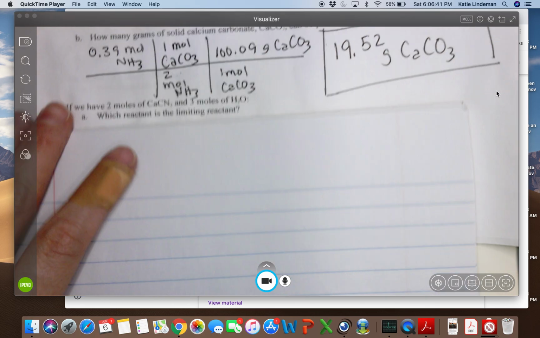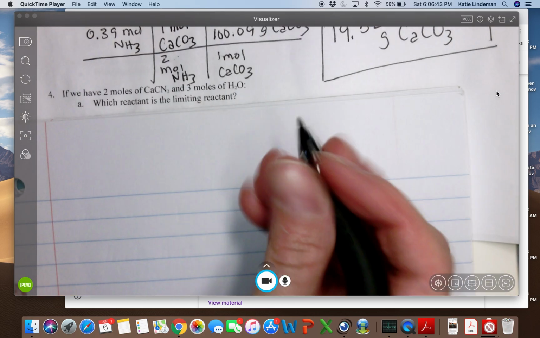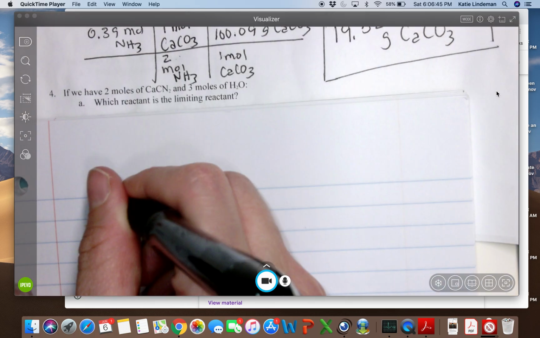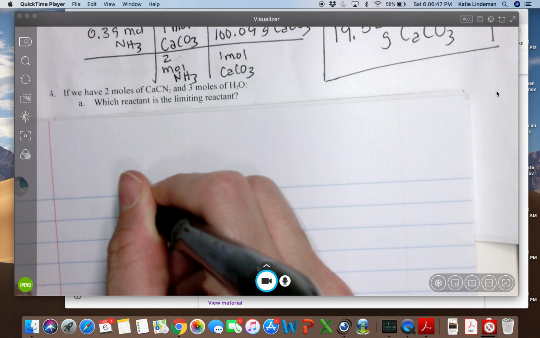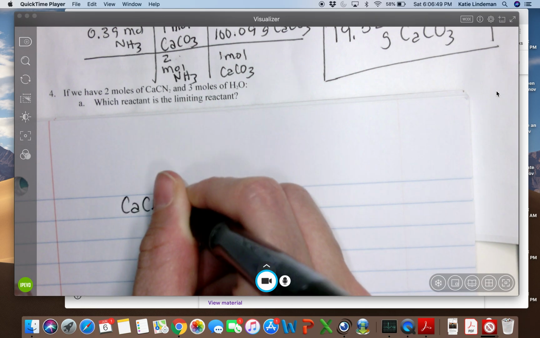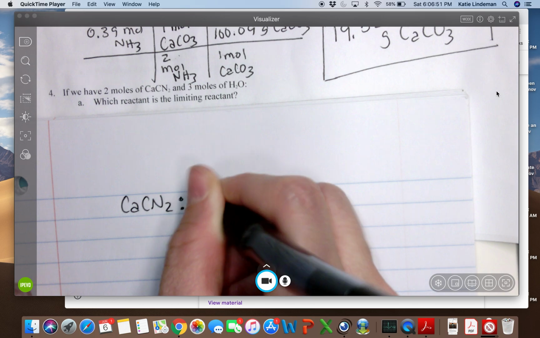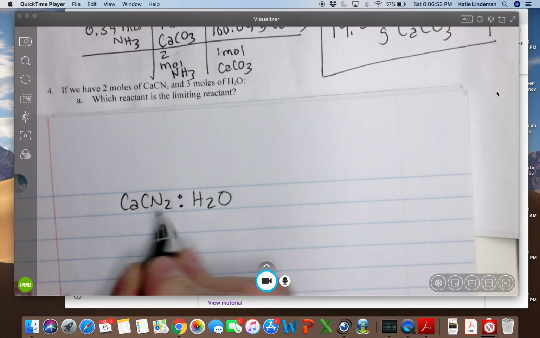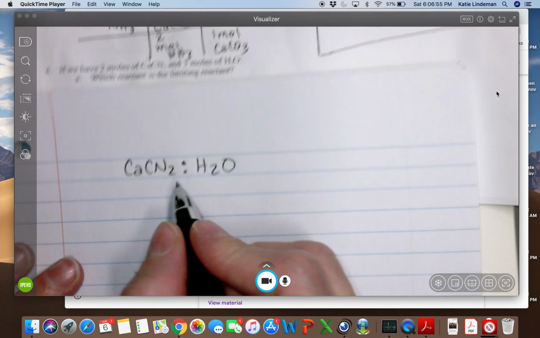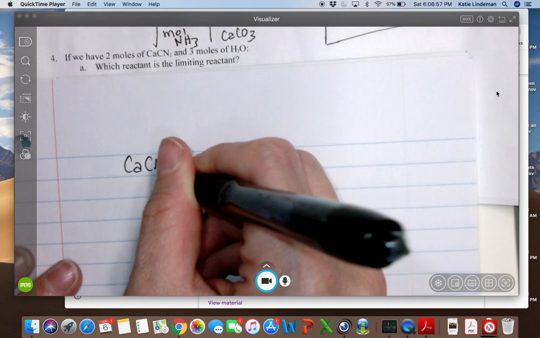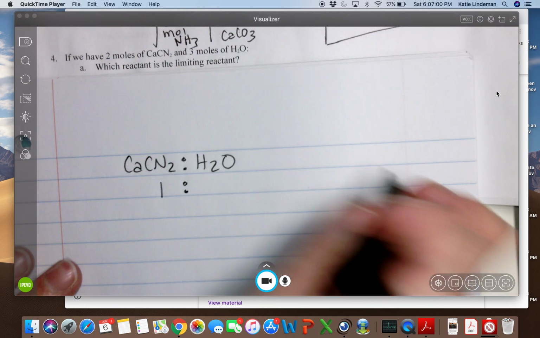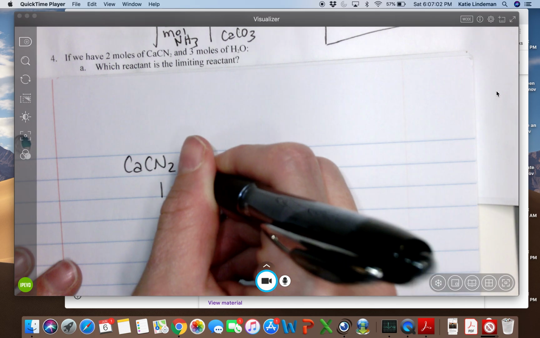So as we're thinking about this, if I'm just looking at my molar ratios, calcium cyanide to water, okay, so my coefficient for calcium cyanide in my balanced equation is 1. My coefficient for water is 3.